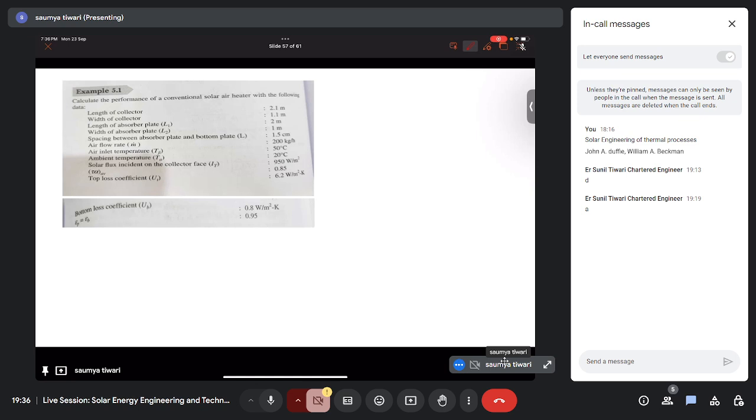So the question is, calculate the performance of a conventional solar air heater with the following data. What data is given? The length of collector. Say this is your solar air heater. This is your absorber plate.